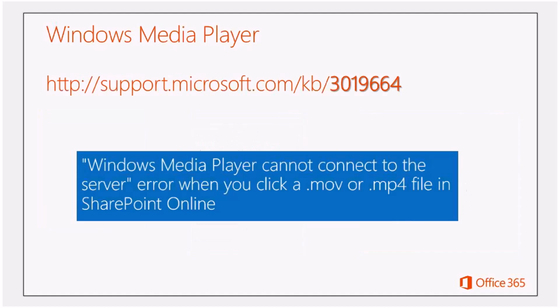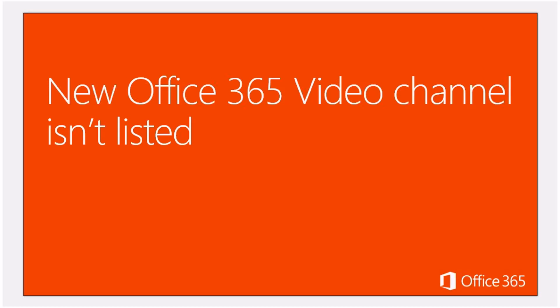The KB for that, 3019664. Windows Media Player cannot connect to the server error when you click an MOV or MP4 file in SharePoint Online. And when you go there, that will walk you through the steps of signing out, signing in, and adding your trusted URL.